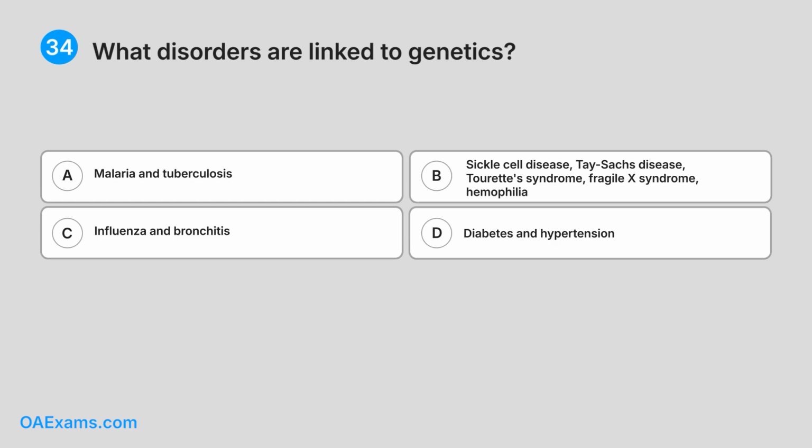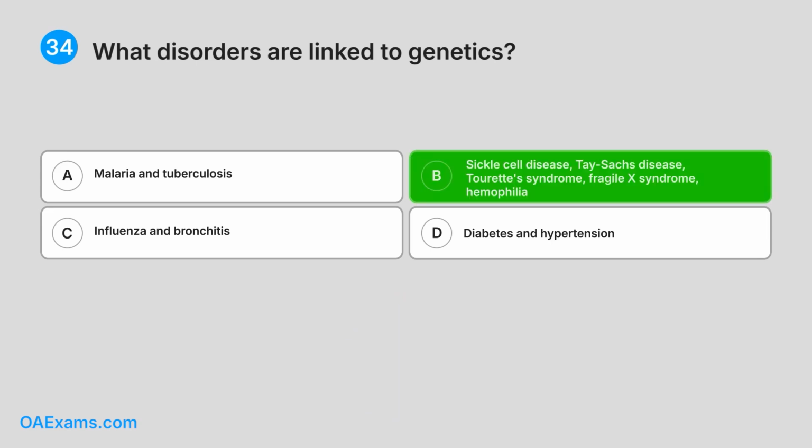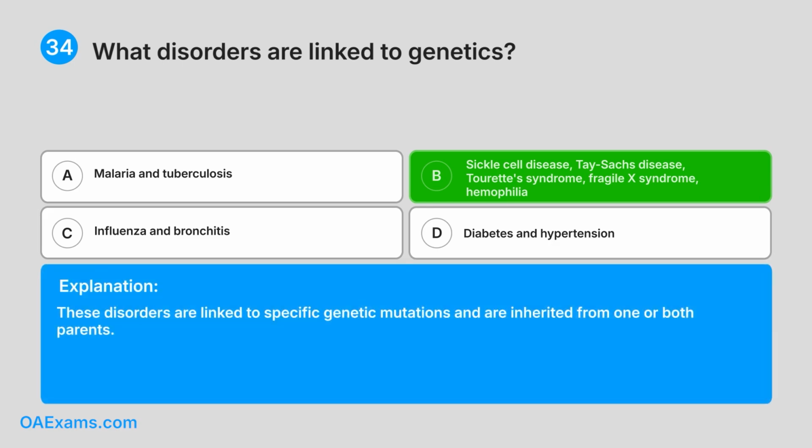D. Diabetes and hypertension. Do you know the answer? Correct answer. B. Sickle cell disease, Tay-Sachs disease, Tourette's syndrome, Fragile X syndrome, hemophilia. Explanation. These disorders are linked to specific genetic mutations and are inherited from one or both parents.